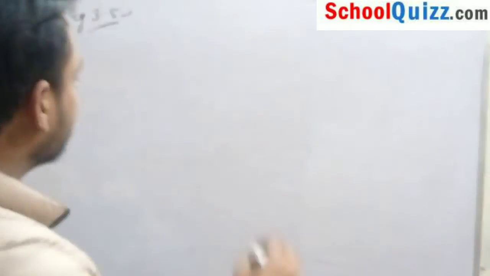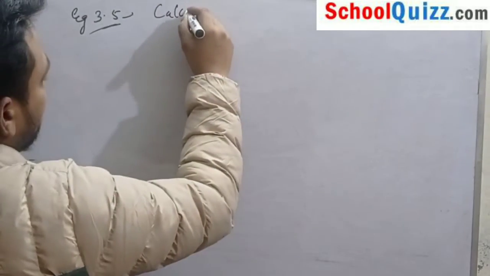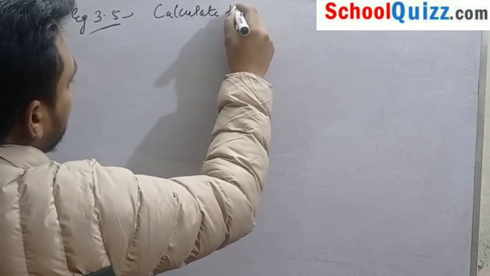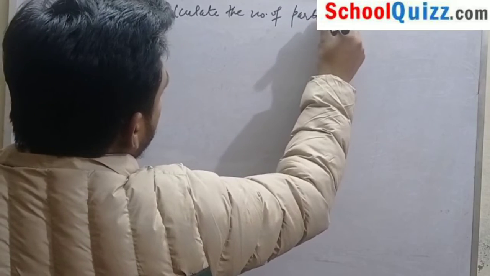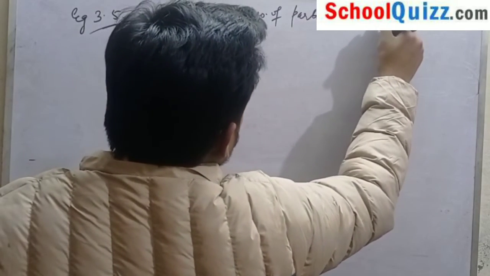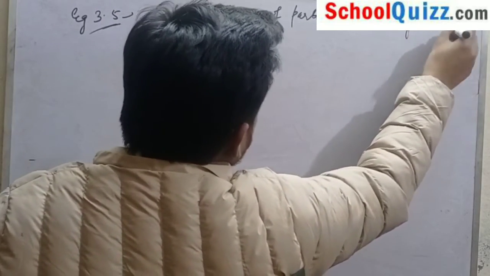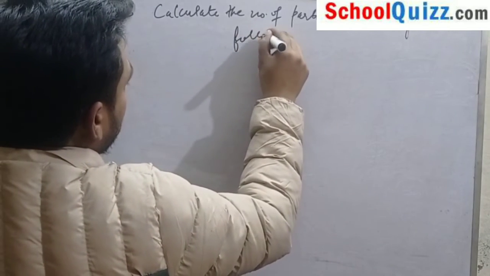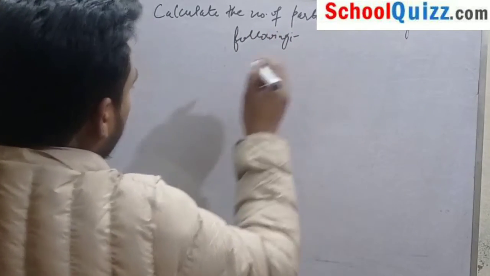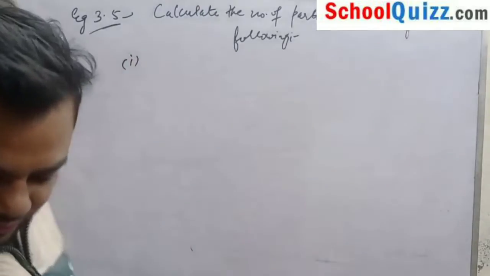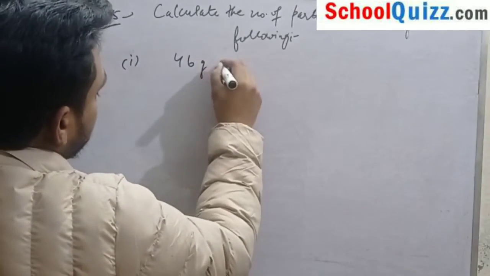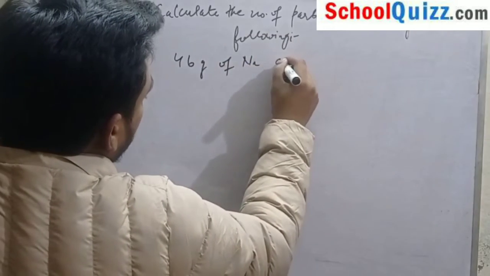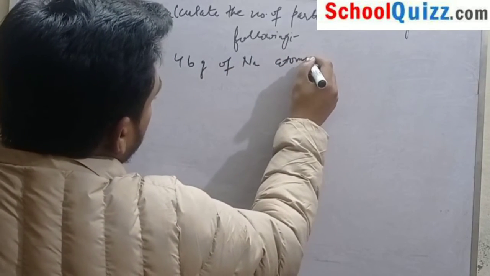Example 3.5: calculate the number of particles in each of the following. First one is 46 gram of sodium atoms.